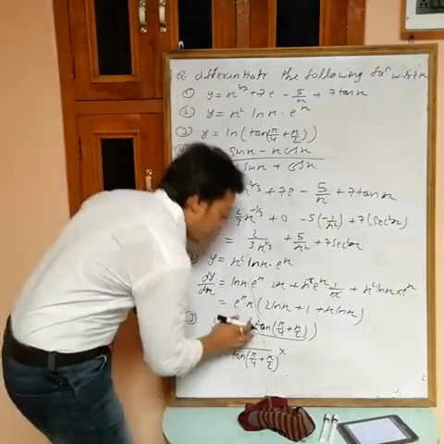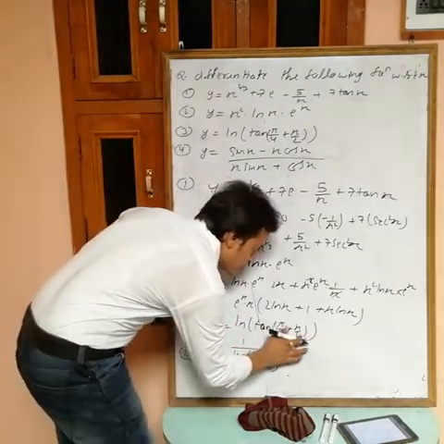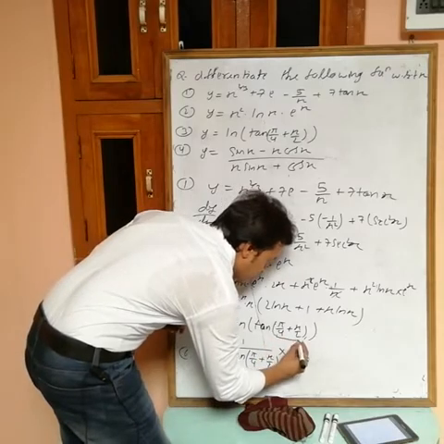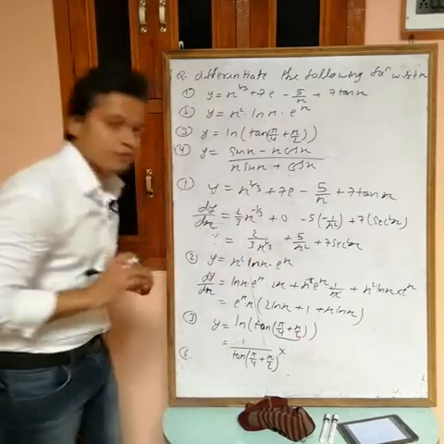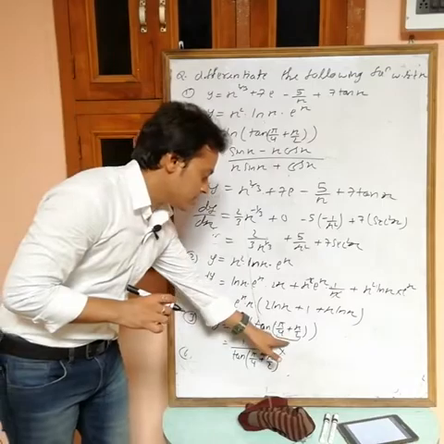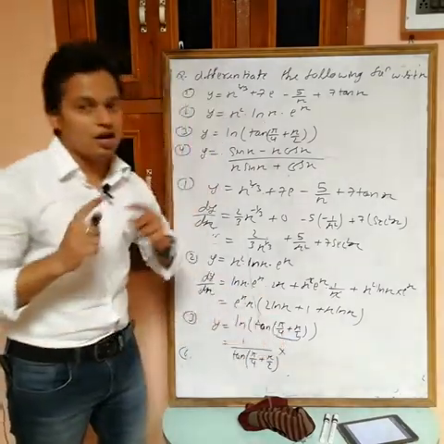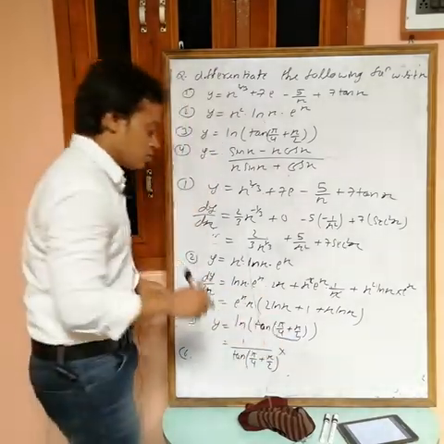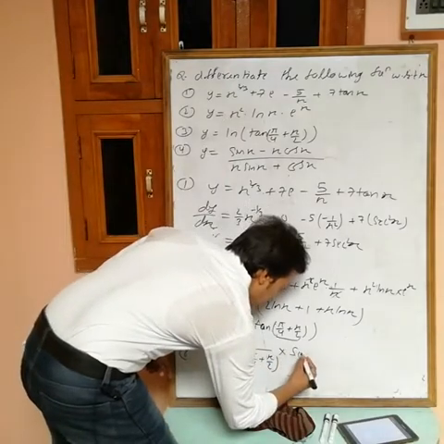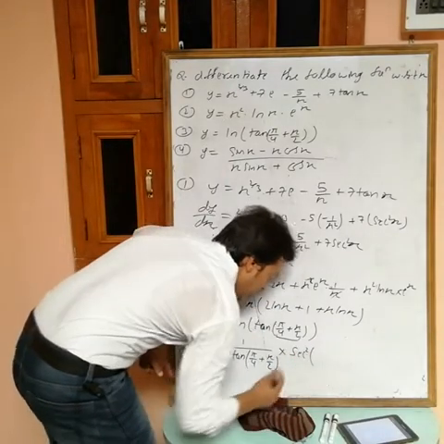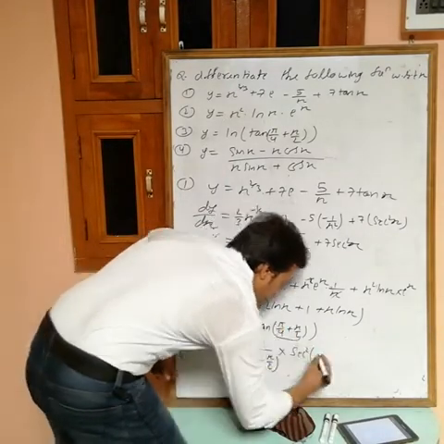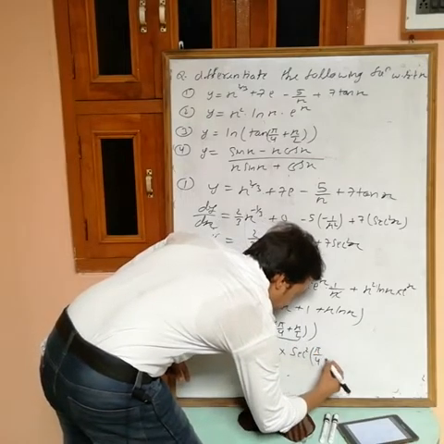So again, to differentiate this one, I have to assume this one as x. If you assume this as x, then this becomes tan x. Now we have the formula for tan x. Differentiation of tan x is sec square x, but again at the place of x, what do we have to put? The assumed x.